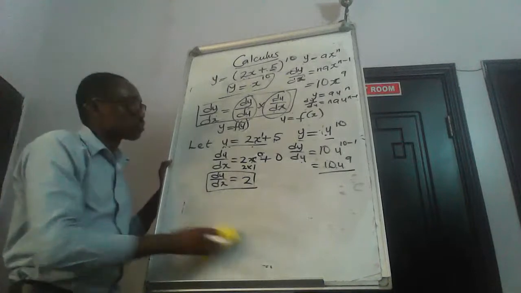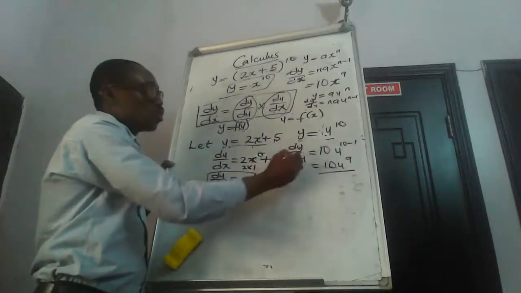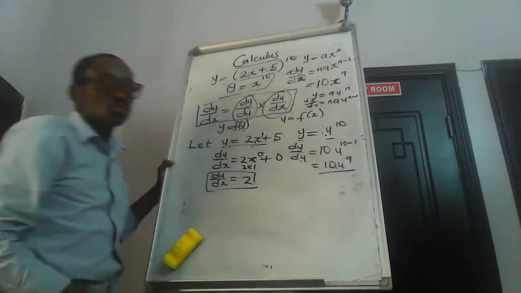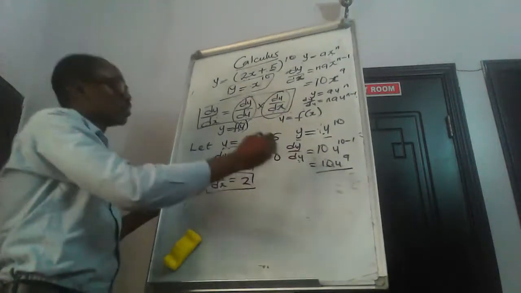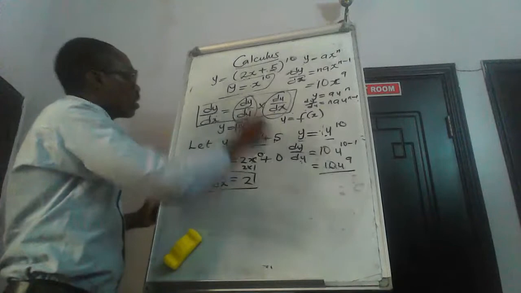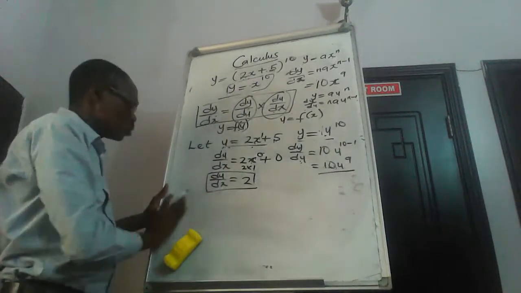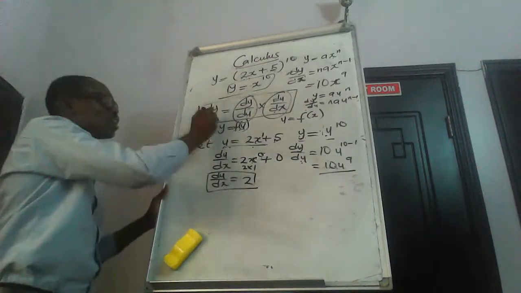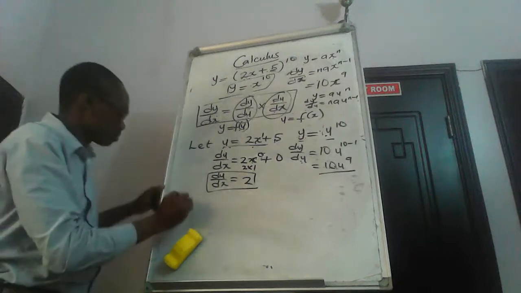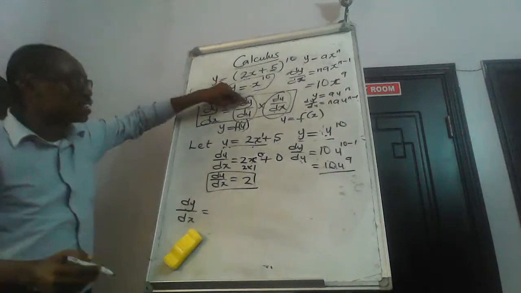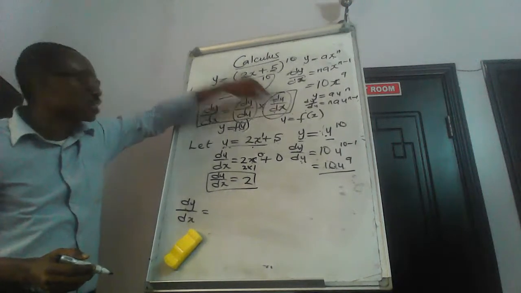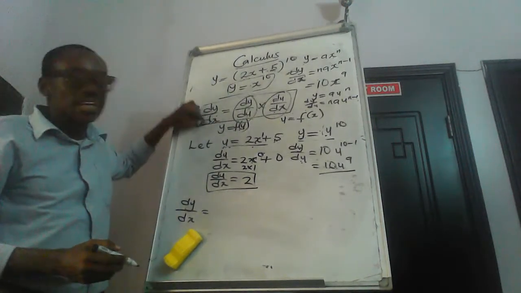So now, our dy/du was what? 10u raised to power 9. Okay. So now we go back to solve for our dy/dx. dy/dx is what? The chain rule is that dy/du times du/dx gives you dy/dx.